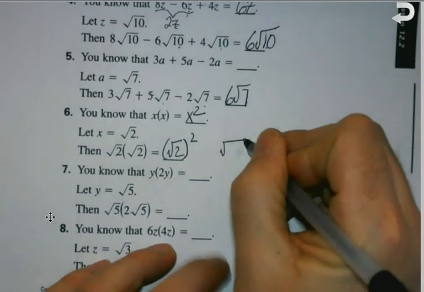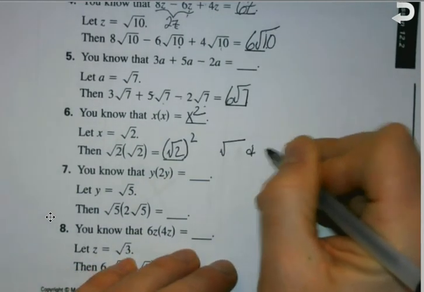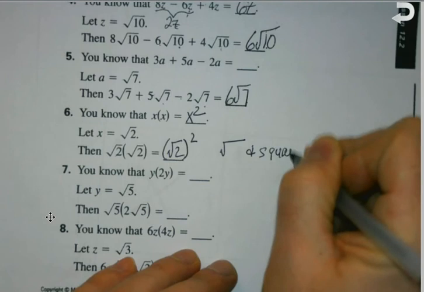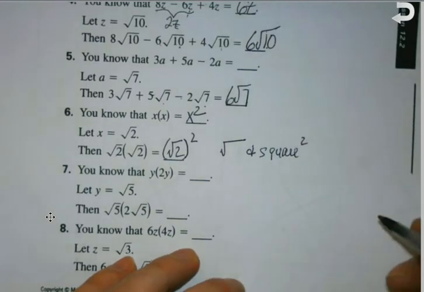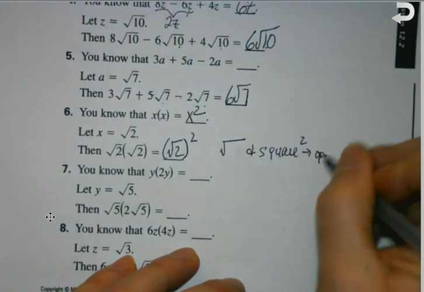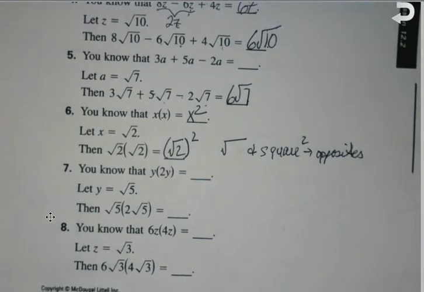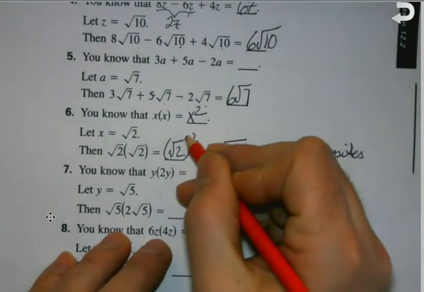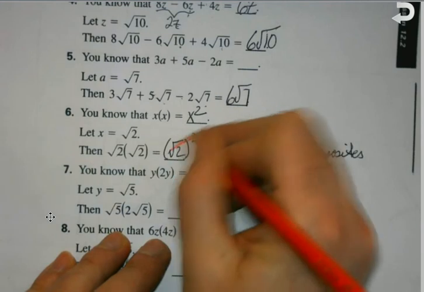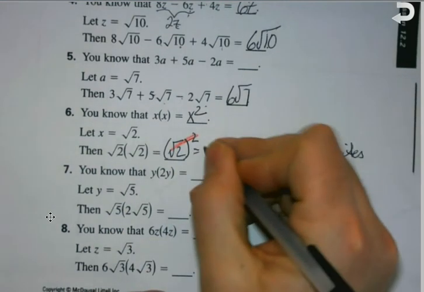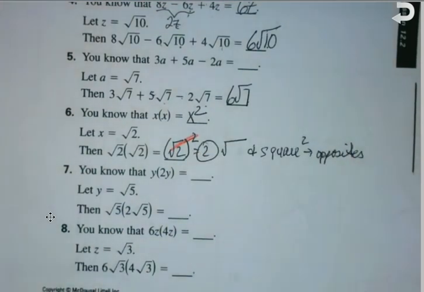If you take the square root of something and the square of something, and that just means you're using that little 2, they're opposites of each other. And opposites, just like add and subtract, cancel. So here, the square root of 2 and the 2 cancel and just leave me with what's underneath.